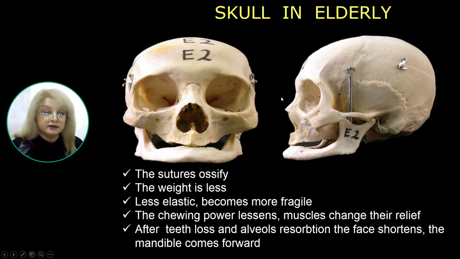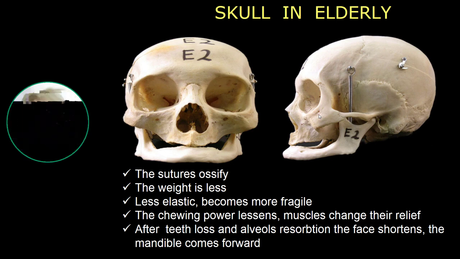In elderly, there are also evident changes. All sutures ossify, and not only sutures, but small foramina through which some nerves and arteries should pass may also ossify, and that causes worsening of blood supply to various regions, and that's why in elderly the hearing is worse, the vision is also bad.